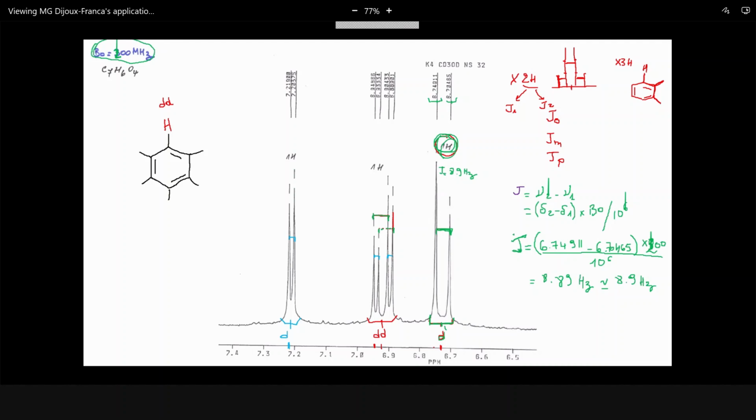Can you make the same calculation for the blue one and for the red one, please? For the blue one, it is 3.05.